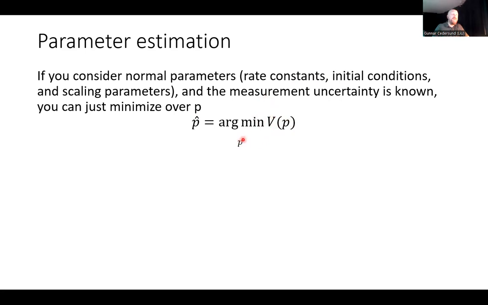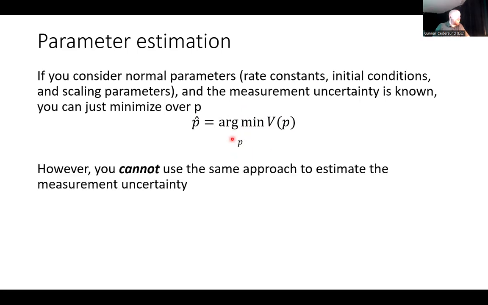We want to have the P, and that's why you say the argument. So arg means that we want to minimize over P. So we want to have the smallest cost function, but we don't want to have the cost back. We want to have the P that gives the smallest. So that is the estimated parameter P hat here. So this is the optimization problem that we in the next 2 videos will learn how to solve.